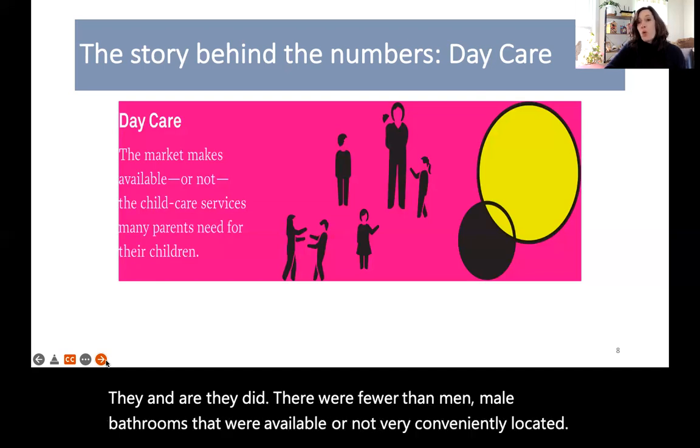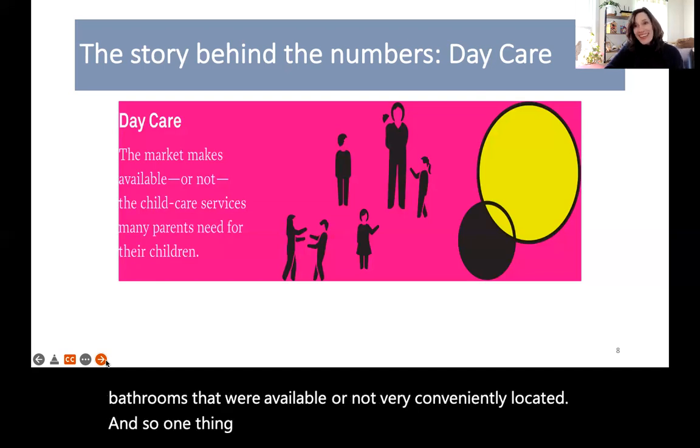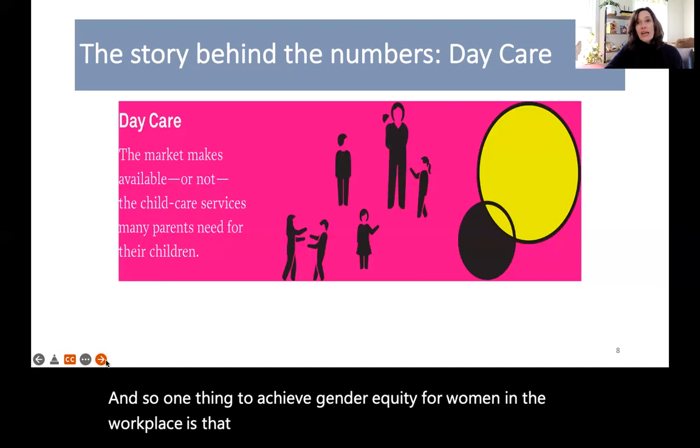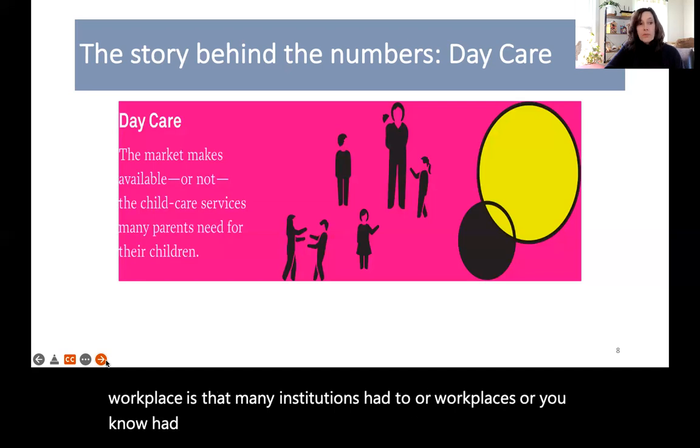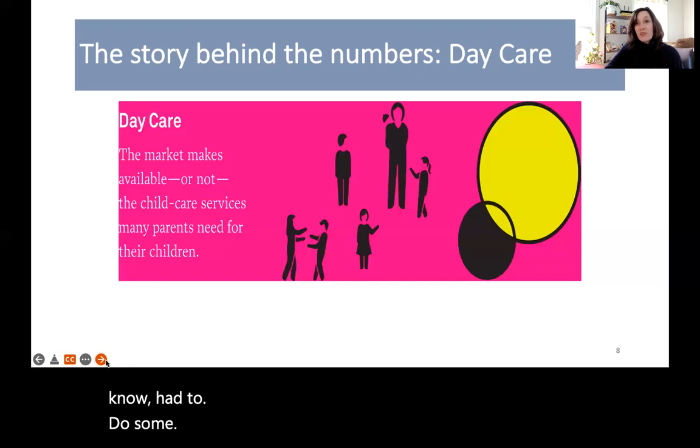And so one thing to achieve gender equity for women in the workplace is that many institutions, or workplaces, had to do some updating, right, of their infrastructure.